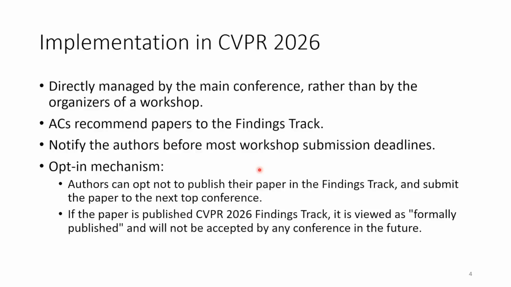For example, I am an area chair for ICCV and ECCV. So I will have a pile of, say, 20 papers, and every paper will have at least 3 reviewers. So I will collect at least 60 reviews from many reviewers.